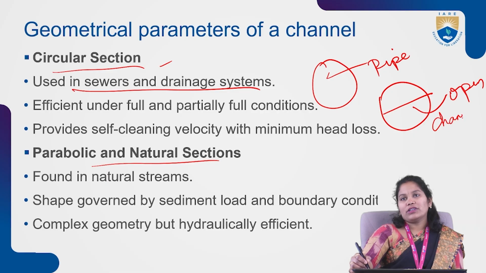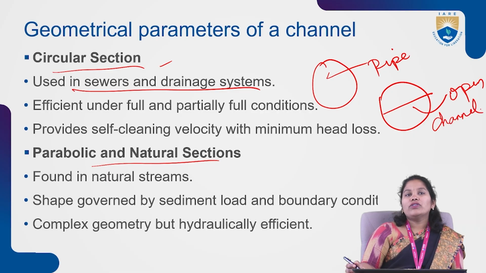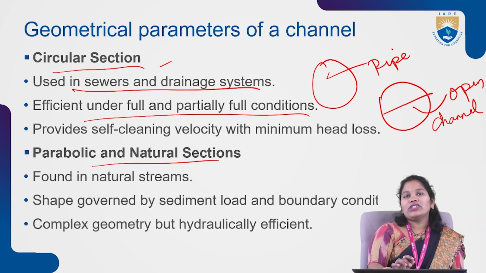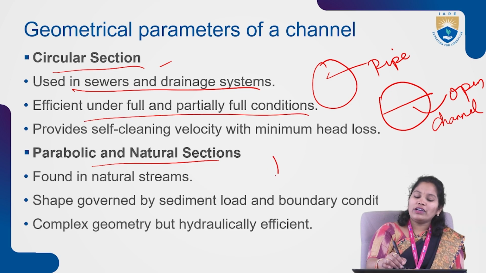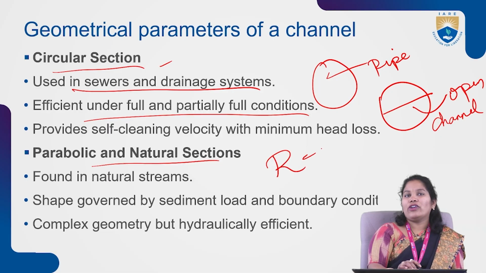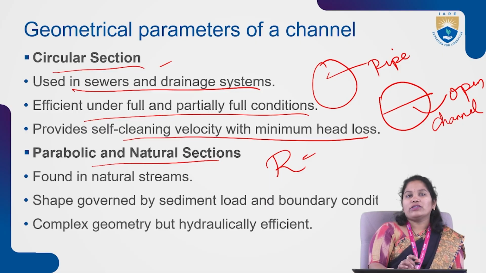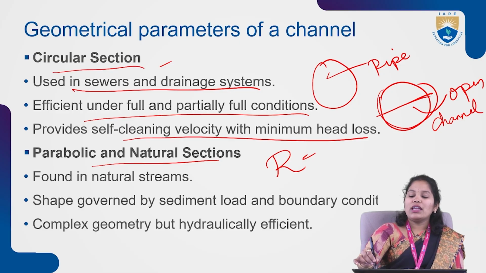It is efficient under full and partially full conditions, and we have calculated the hydraulic radius and hydraulic mean depth, right? It provides self-cleaning velocity with minimum head loss. The head loss is very small compared with other channels.